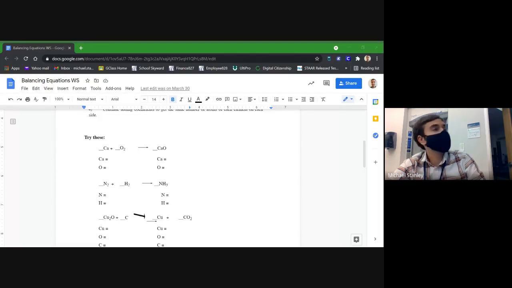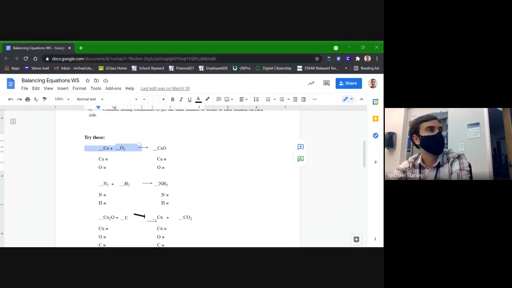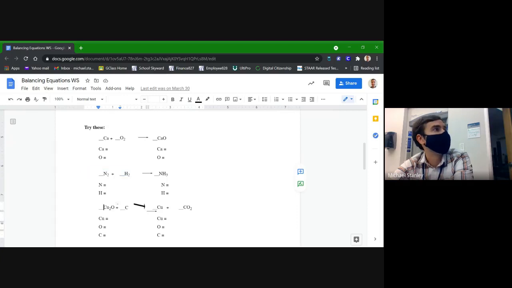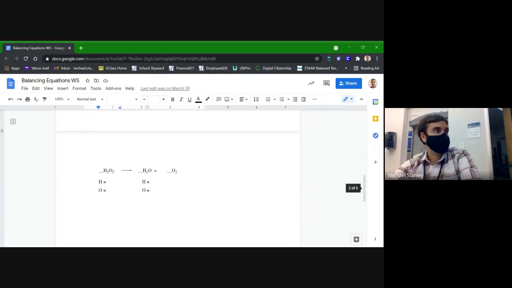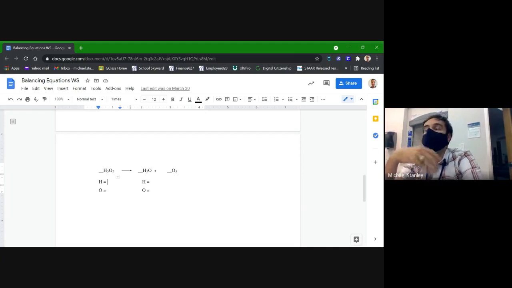So here is that first example, or the first non-notes example we went over with the calcium and the oxygen. And then we did the one with the nitrogen and hydrogen. And then we did the one with the copper and the carbon that we did just now. So there's one more that we're not going to do here in class that I want you guys to try on your own.